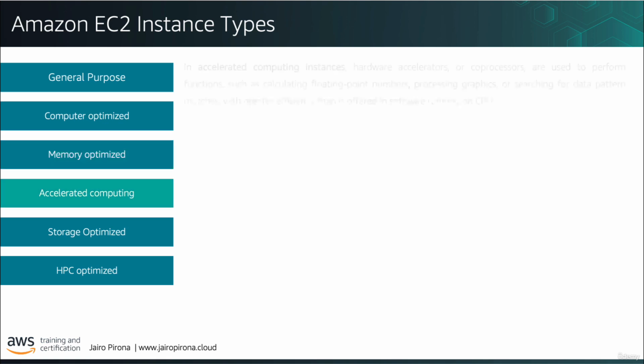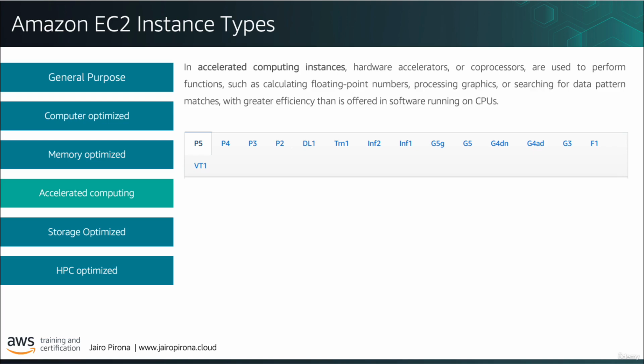efficiently. Accelerated computing instances are designed for workloads that require hardware acceleration, such as machine learning, graphics, and real-time processing. For example, imagine you are running a machine learning application that benefits from hardware acceleration, such as GPUs. An accelerated computing instance type would be ideal in this case.